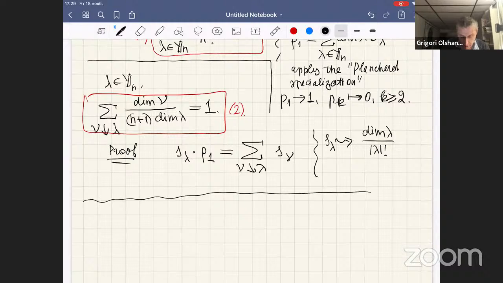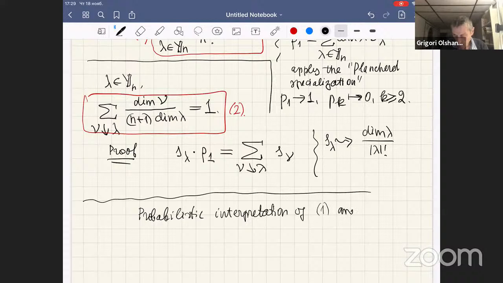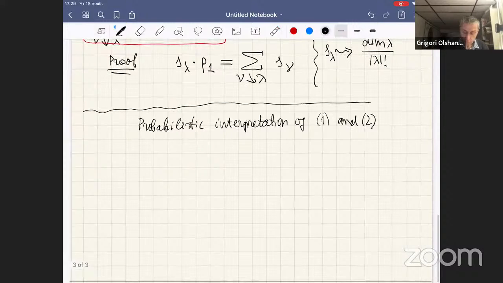So, probabilistic interpretation of 1 and 2. So 1, what is this?